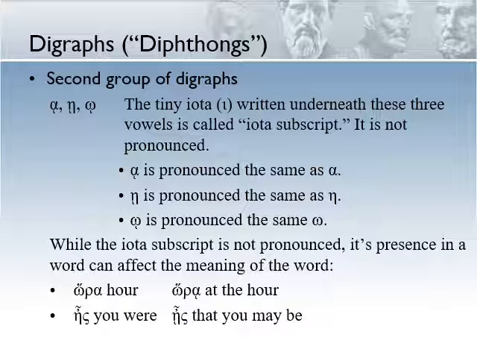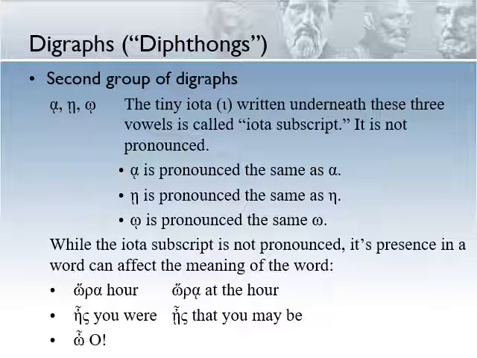But notice to the right, you have also is, only there is an iota subscript with the letter eta. And when written with the iota subscript, it means that you may be. So you were versus that you may be. The iota subscript makes a big difference in the meaning.